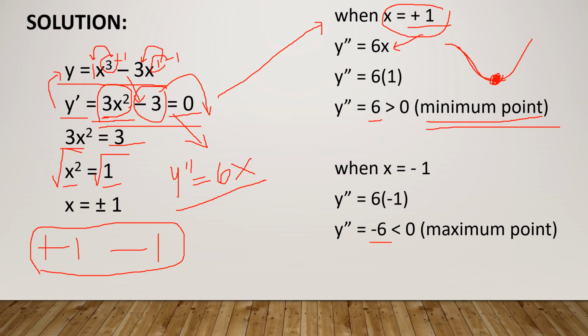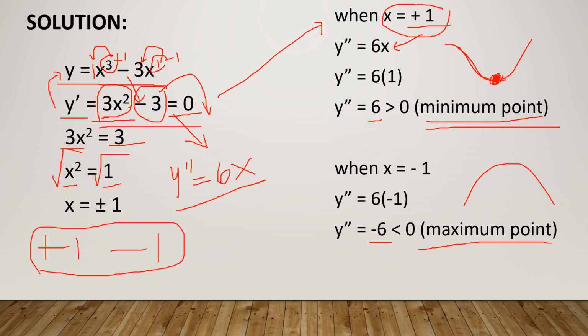Now, when the second derivative is a negative value and your slope is equal to 0, it will represent a concave down. That's why if your double prime is equal to a negative value, we consider this as a maximum point.